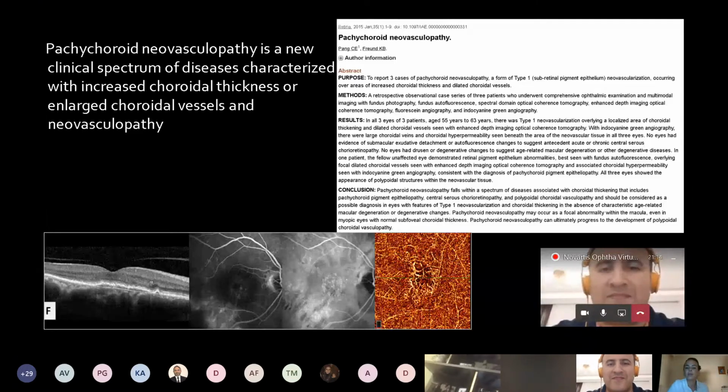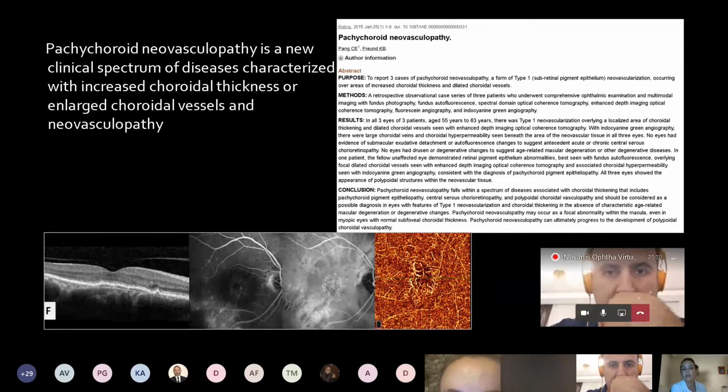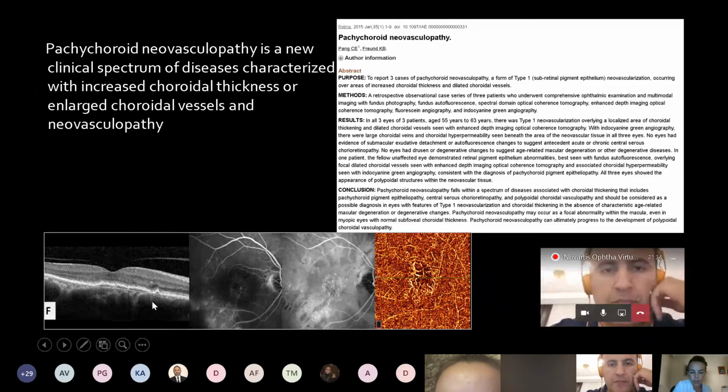The definition came from the same group in 2015 and was published in Retina journal. As a definition, Bailey and colleagues defined pachychoroid neovasculopathy as a new clinical spectrum of these diseases characterized by increased choroidal thickness. See here these huge choroidal vessels, Haller vessels, or thick choroid under this area, and type 1 choroidal neovascularization over it.